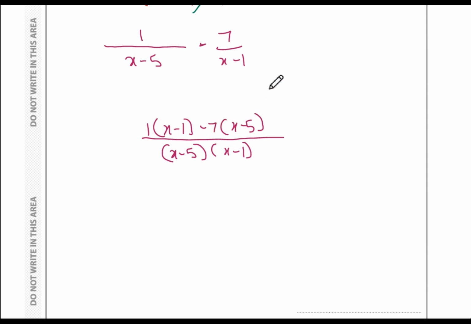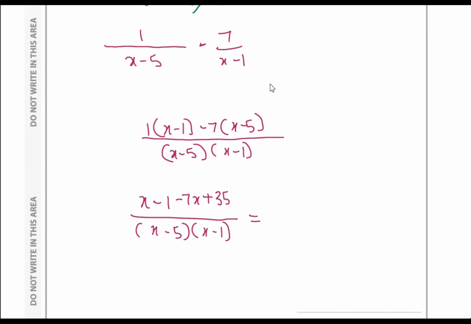I'm going to be doing that here. 1 times x is x, 1 times minus 1 is minus 1, minus 7 times x is minus 7x, and minus 7 times minus 5 is plus 35. And then I have x minus 5 and x minus 1 as a denominator.